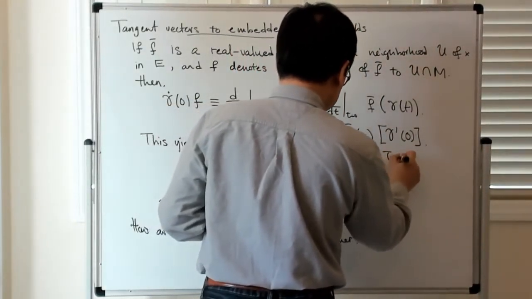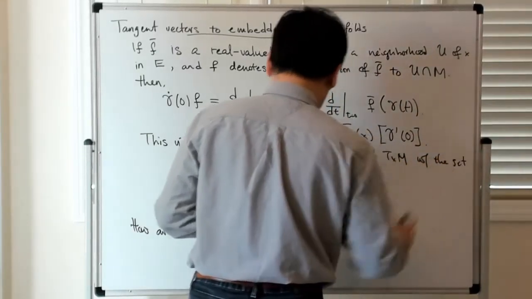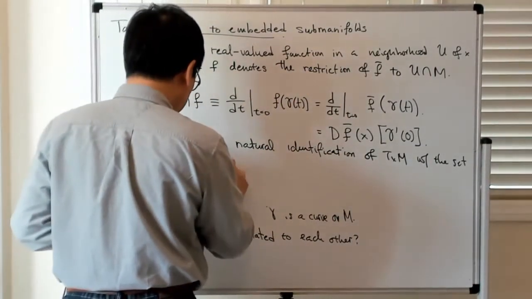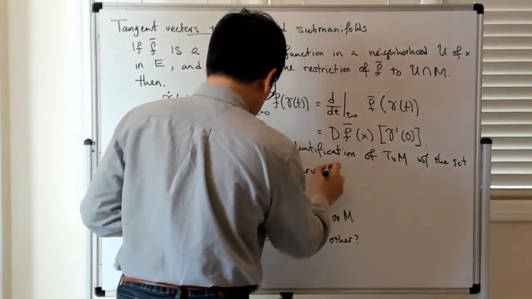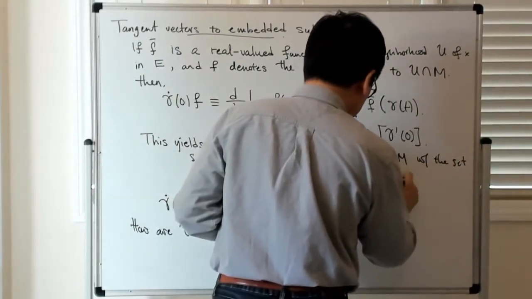of T_x M with the set given by gamma prime 0, where gamma is a curve in M and gamma at 0 is x.